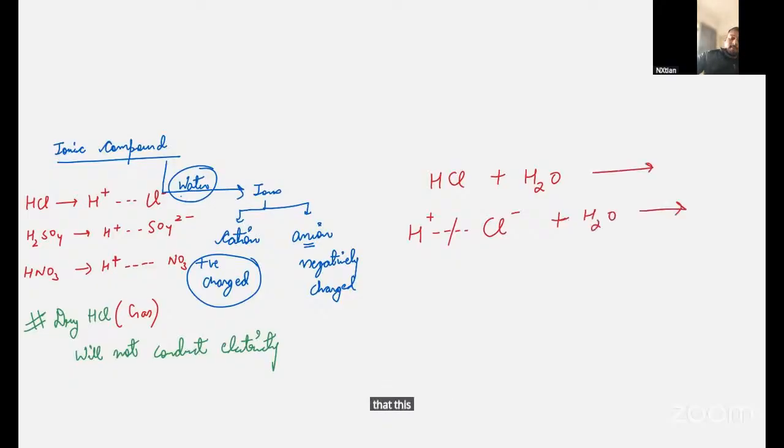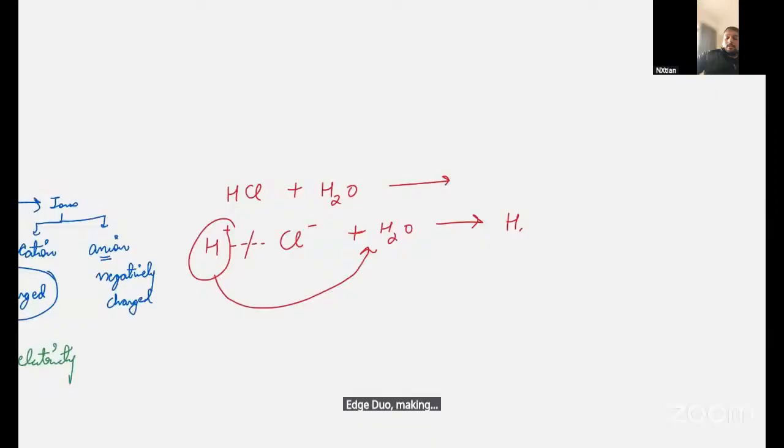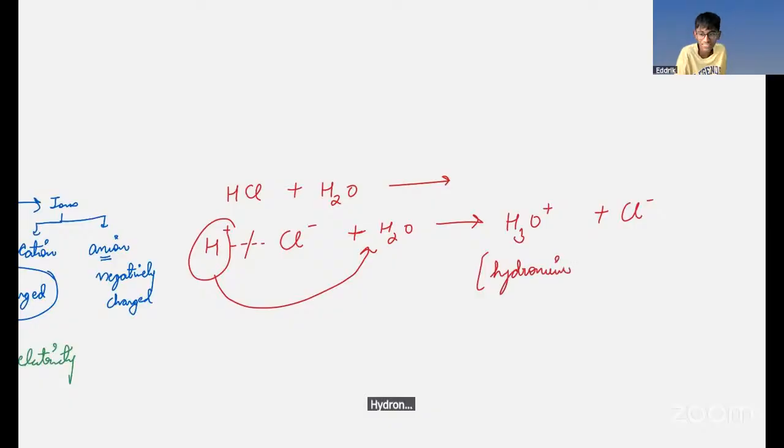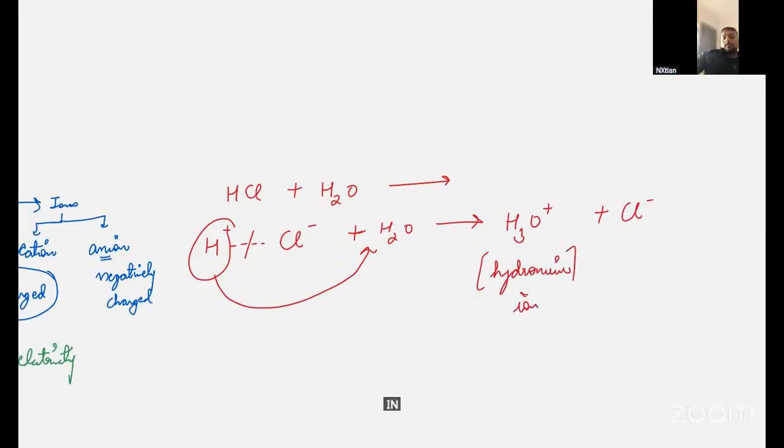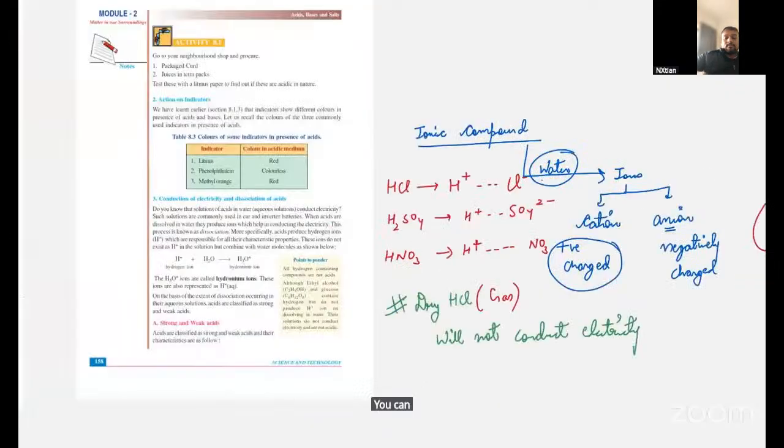This H+ will make a bond with this H2O, making H3O+. This H3O+ is called the hydronium ion, and this hydronium ion which is formed is responsible for the conduction of electricity. You can check that.